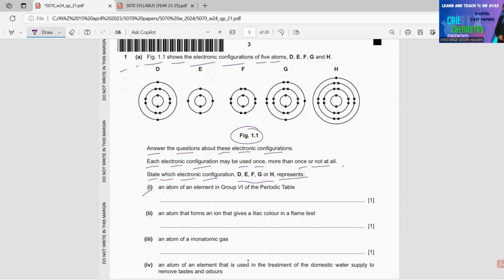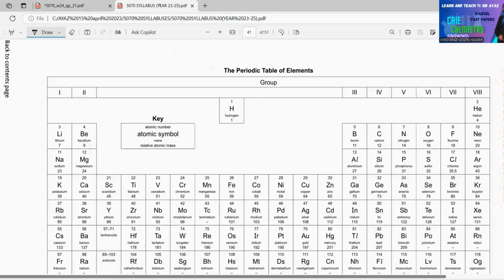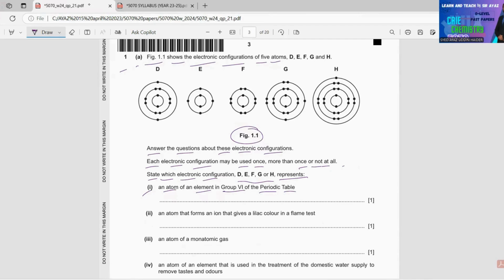Number 1, an atom of an element in group 6 of the periodic table. So here's group 6. If an element is present in group 6, it must have 6 valence electrons, because the group number represents the valence electrons.